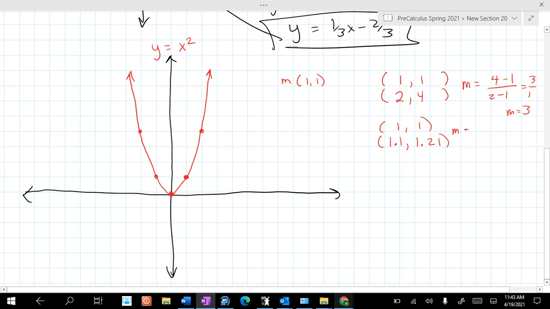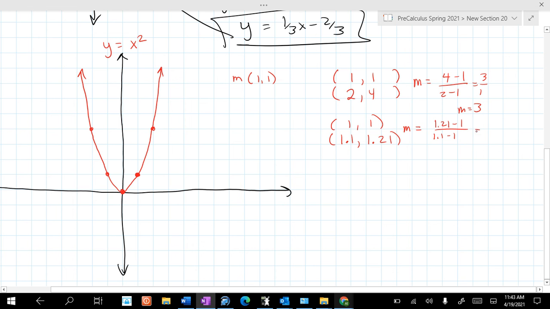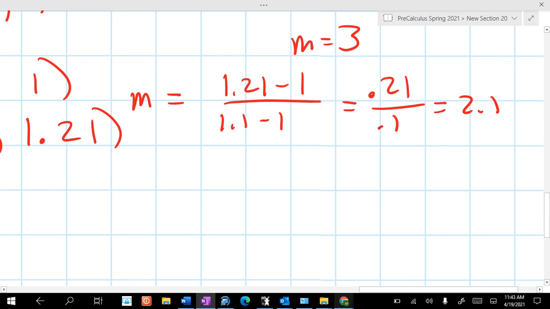So if I want to find the slope between those 2 points, I go 1.21 minus 1 over 1.1 minus 1, which is 0.21 over 0.1, which is 2.1. There's the math of that slope.